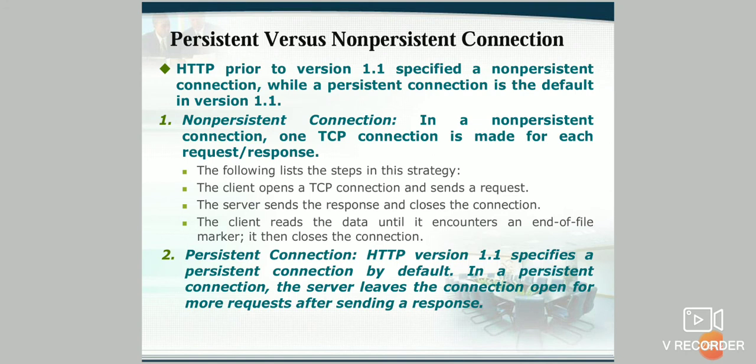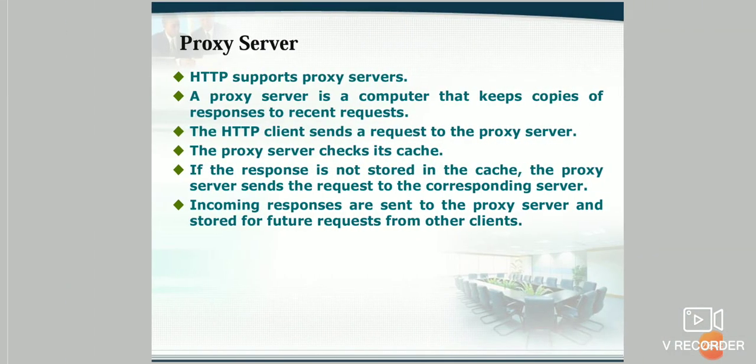Persistent connections are included in version 1.1, and it is the default in version 1.1. In a persistent connection, the server leaves the connection open for more requests after sending a response. So HTTP version 1.1 specifies a persistent connection by default.